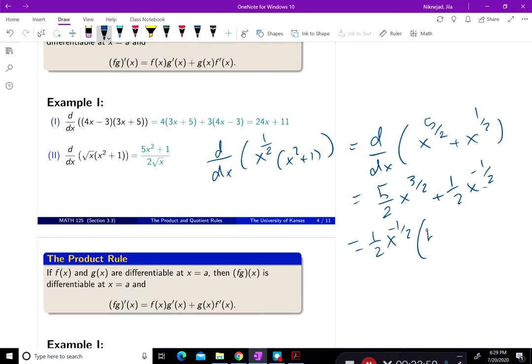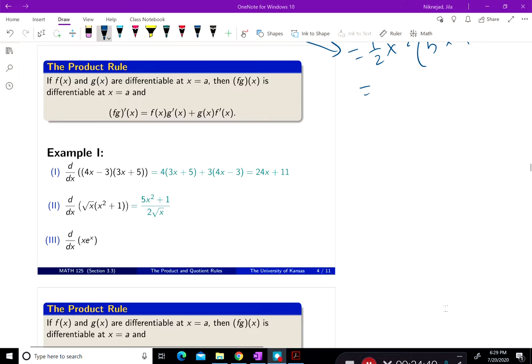What remains out of that one is 5, and because this is divided by x to the power negative 1/2, it would be x to the power 3/2 plus 1/2, which is 4/2, which is 2. And then over here what remains is 1, and that's exactly the same thing as we had over there in a different format.